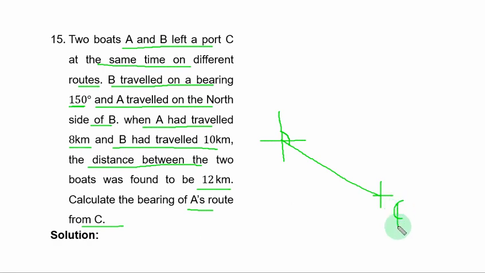Here is C. The question says that A traveled on the north of B, so A follows this direction, and we have A somewhere here. We can simply close this part together to have a triangle.